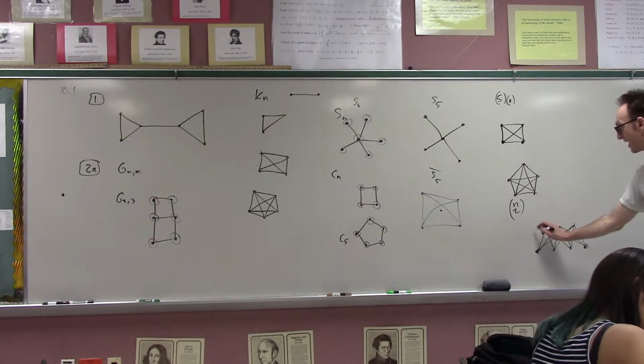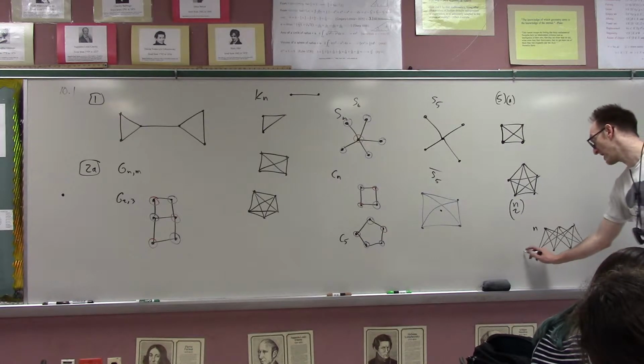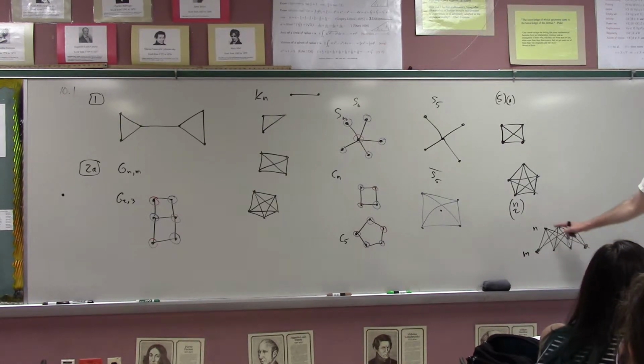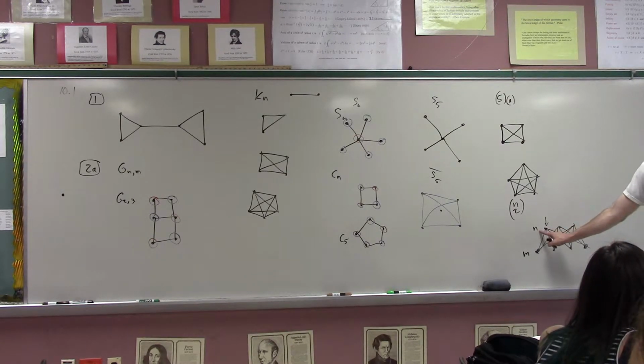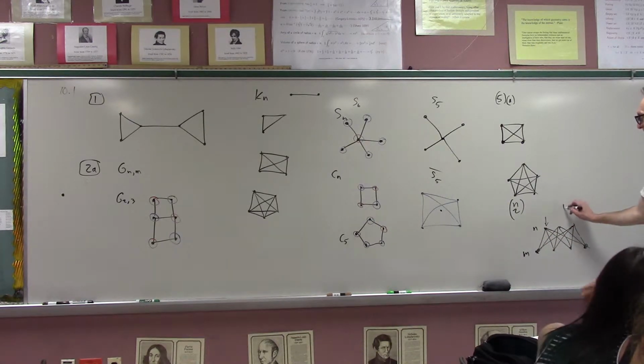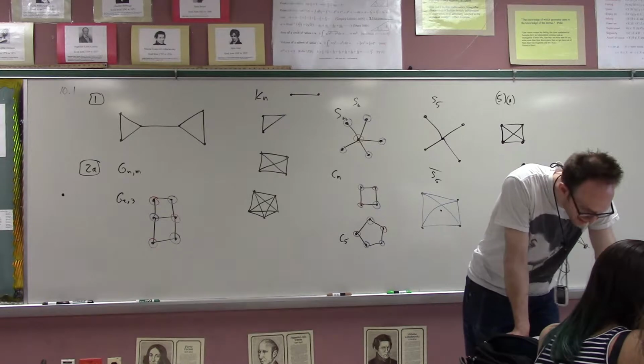Well, if there are n vertices in one of the sets and m vertices in the other set of the bipartition, then each vertex in the first set is connected to m other vertices, and there are n of them. So I claim that there are n times m edges in the complete bipartite graph Knm.